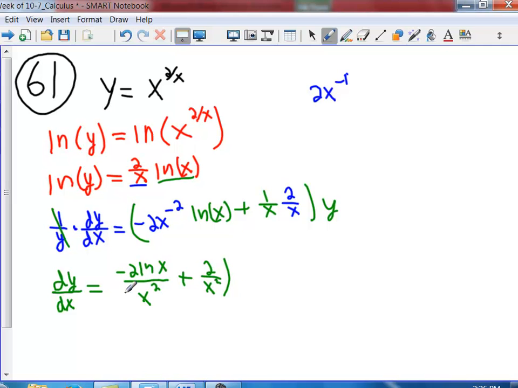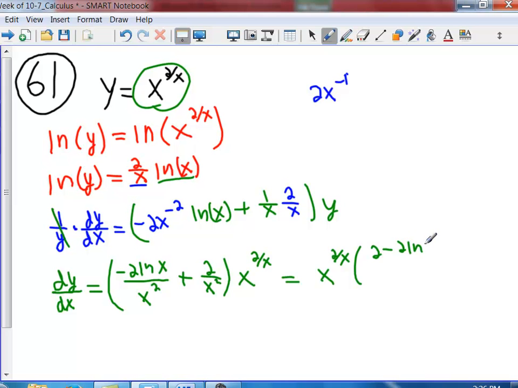And all that is multiplied by y, which is x to the 2 over x. If you plug back in, this is y. So I would probably just say x to the 2 over x, and then multiply that by 2 minus 2 ln of x over x squared. And I would probably just leave it at that. That looks good to me.